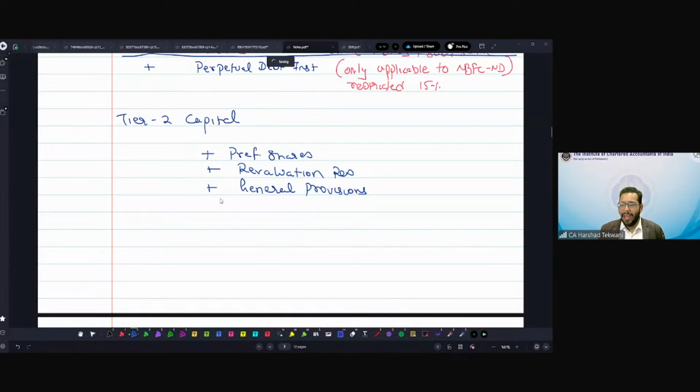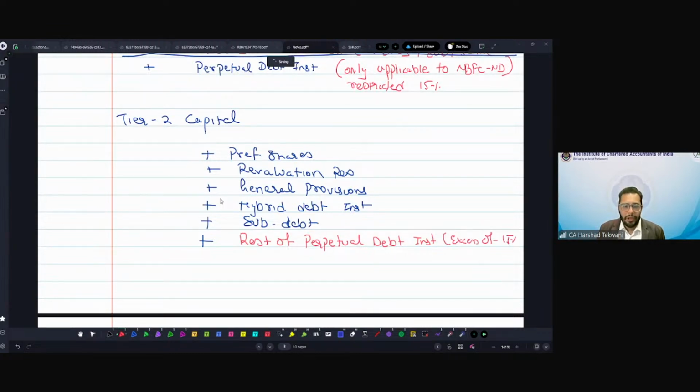Okay. Then hybrid debt instruments, and subordinated debt, a specific kind of debt, you can say. Okay. And the rest of your perpetual debt instruments, basically the excess of 15%.